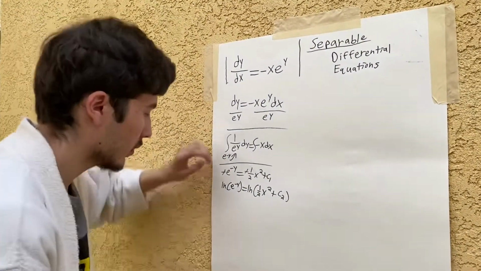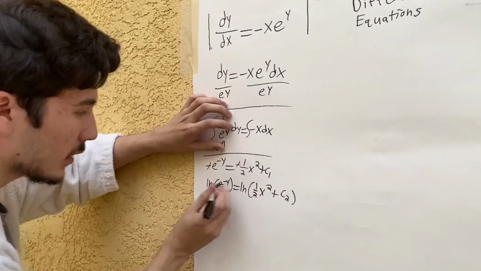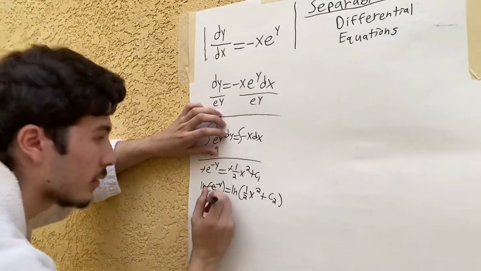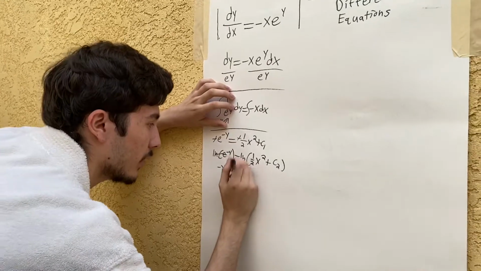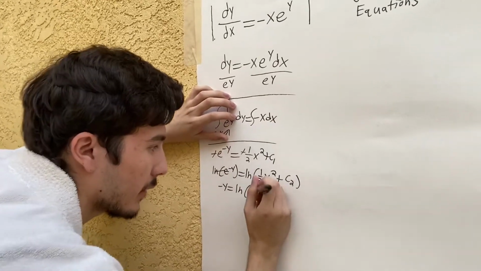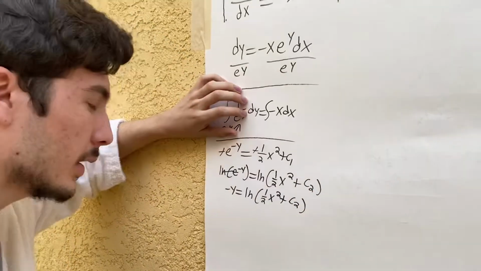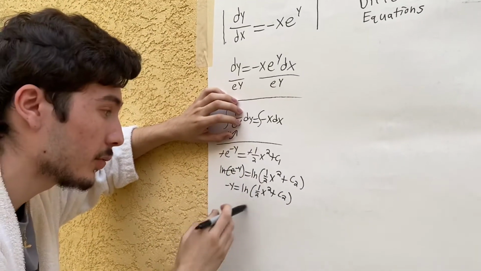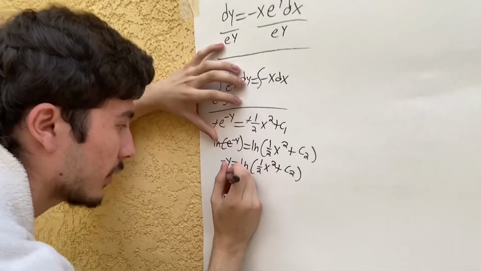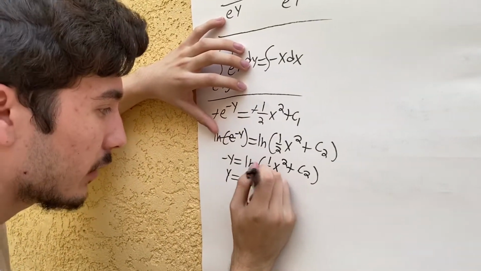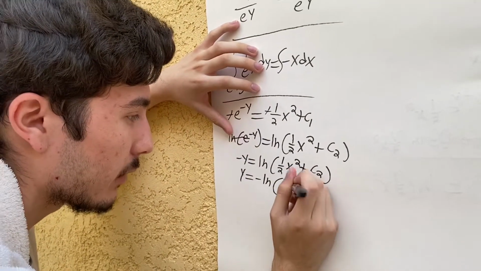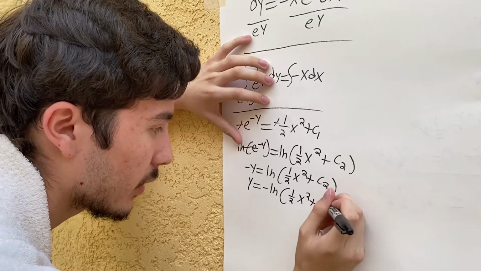So this ln and e is going to knock out, and that's just going to leave me with negative y equals ln plus all that. And if I just want to isolate for y, I just move this negative over here. So that's going to end up being y equals negative ln of 1/2 x squared plus c.